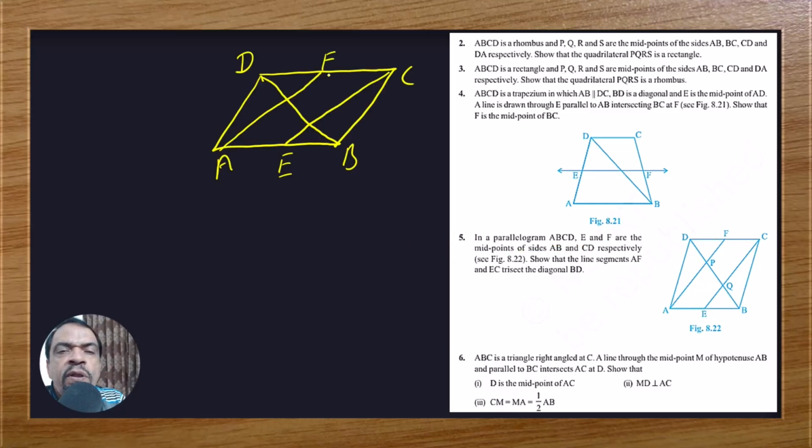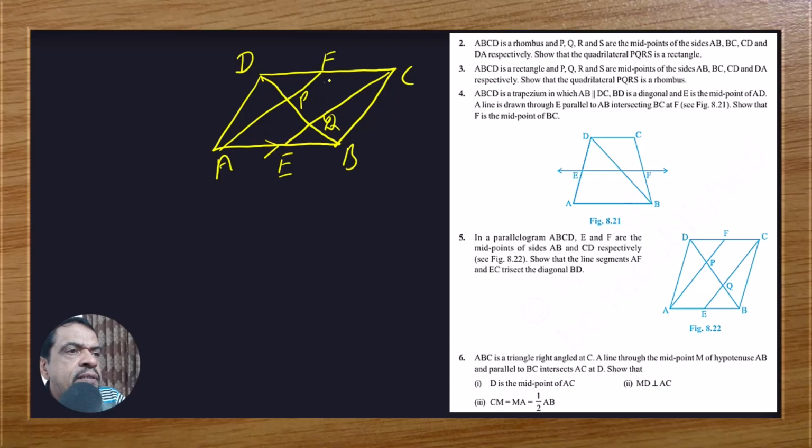Now see student, it is given that ABCD is a parallelogram, E and F are midpoints. We have to show that these three parts are equal. First of all, we have to prove AECF is a parallelogram.